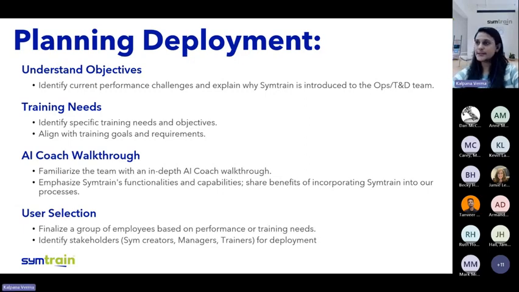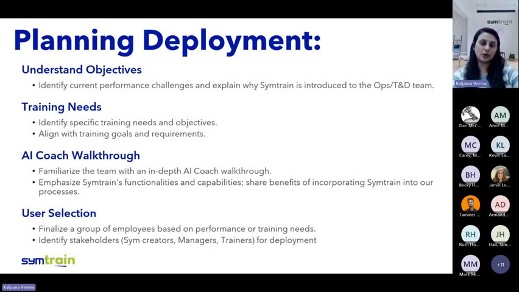Okay. So next is planning deployment. When you plan for the deployment, what things do you want to keep in mind? You want to first understand why you want to introduce SymTrain to your company.